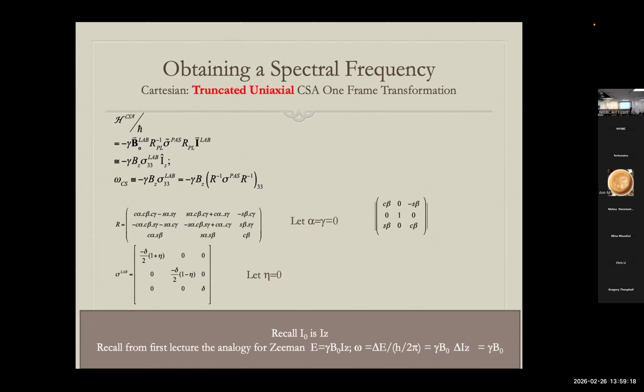Okay. So here's our CSA in the principal axis system. Just the symmetrized portion, the diagonal symmetrized portion. So our job, if we wanted to calculate this frequency in a Cartesian system, would be to take the inverse of that, times that, times that, and multiply 3 by 3 matrices.